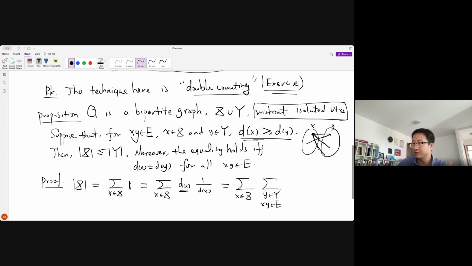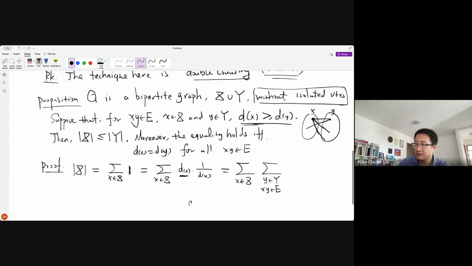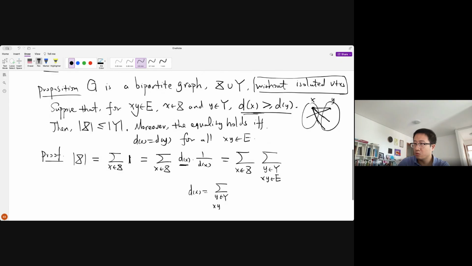The number of them is exactly d(x), the degree of x, and each time you put 1 here. So I use this equality and replace the d(x) by this, and the other factor is 1 over d(x). Okay, so I clean this.